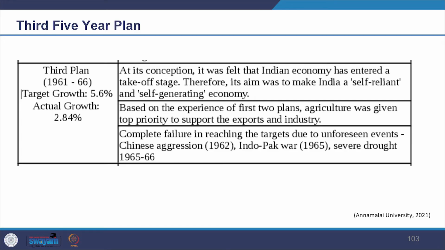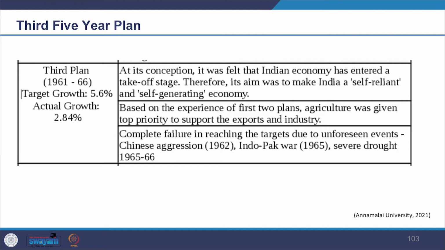Moving forward in the timeline, we see the third five-year plan period from 1961 to 66. The target growth was 5.6%. At the inception of the plan period, the environment was good and considered favorable for economic takeoff. Therefore, the country targeted a self-reliant and self-generating economy. Agriculture was given top priority to support the export and industry at this time.